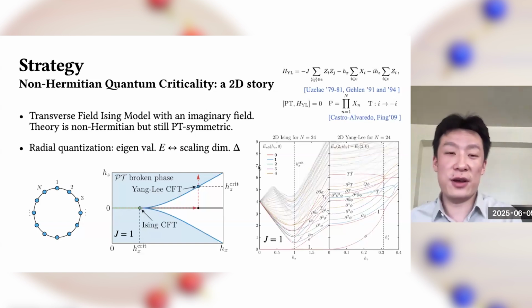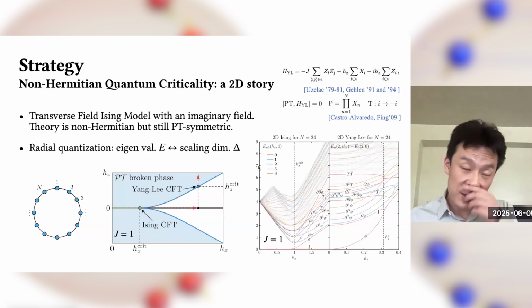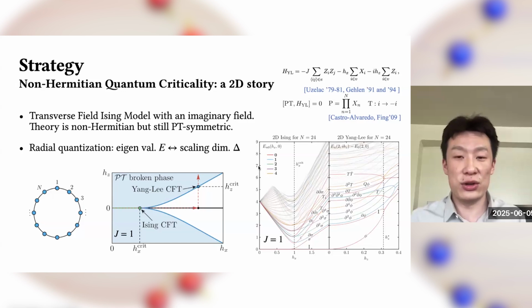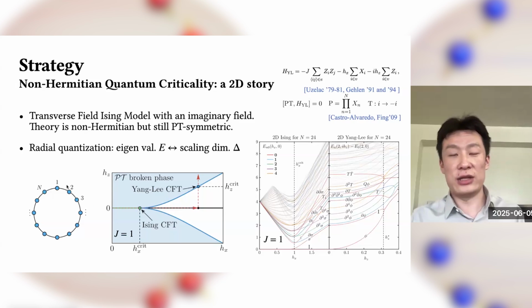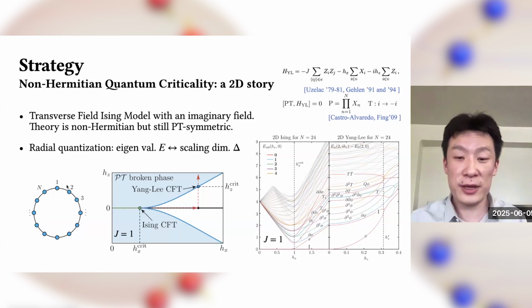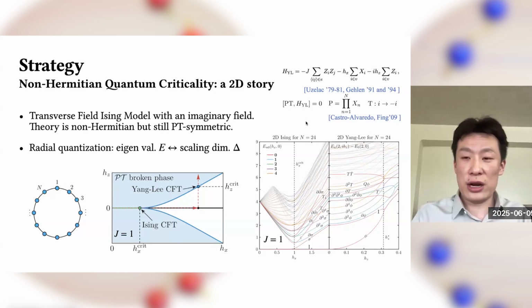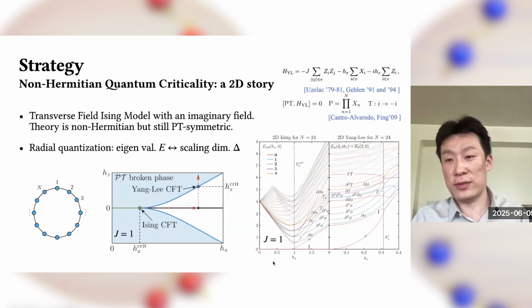Okay, and another piece of strategy comes from taking a closer look at the 2D quantum criticality on the one-dimensional spin chain, and trying to learn as much as possible from it. Here I'm showing you our phase diagram in our normalization.